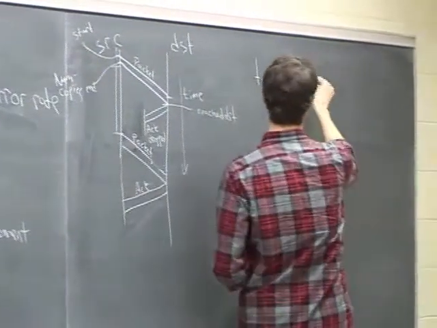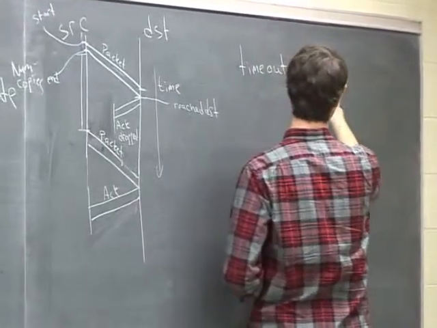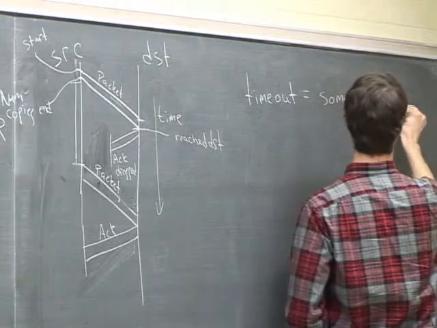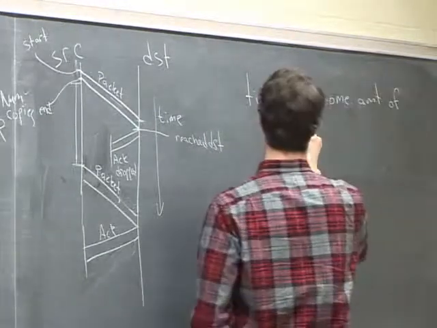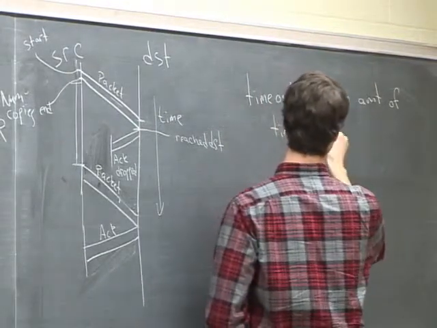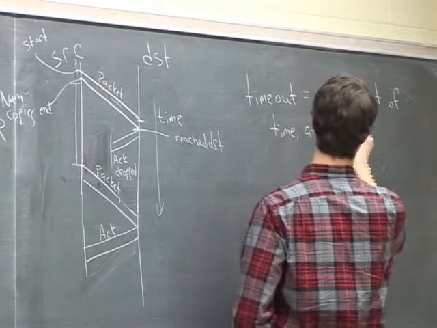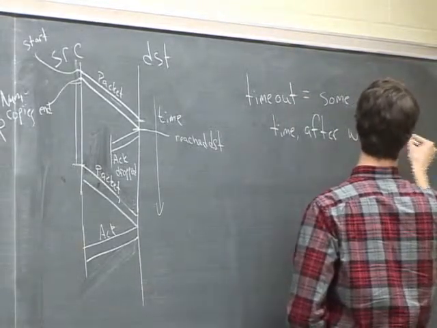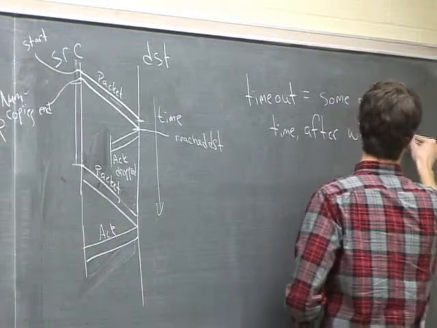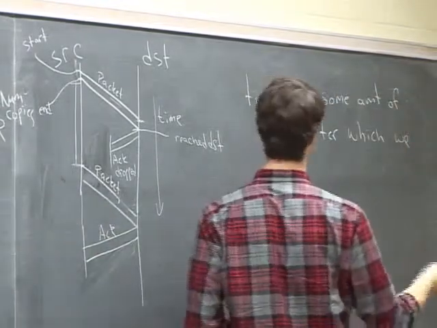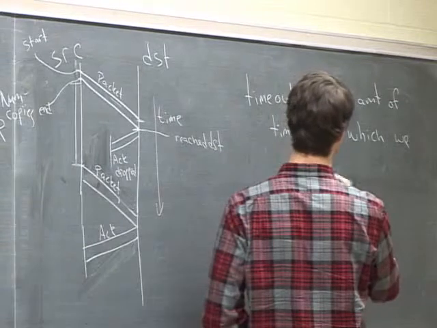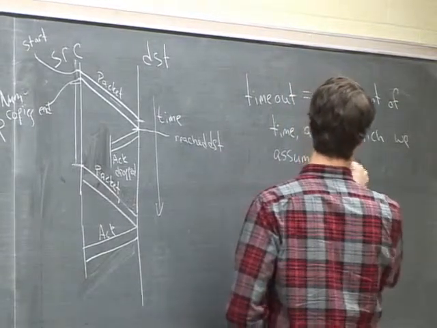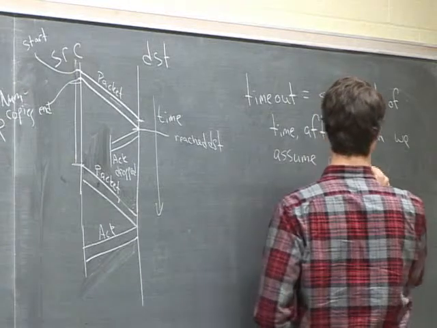A timeout is just some amount of time after which we assume that the packet had not successfully made it to the other host. We assume the packet was dropped.